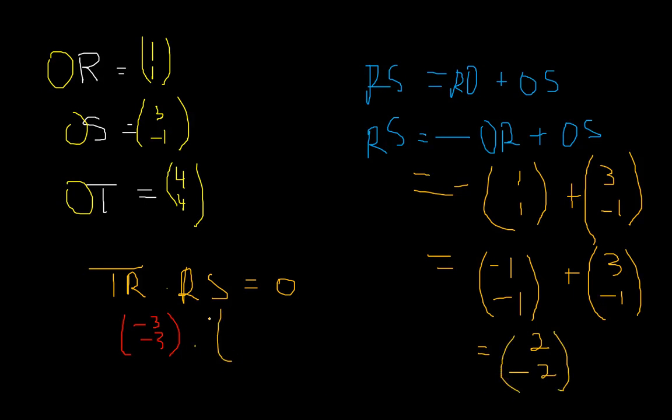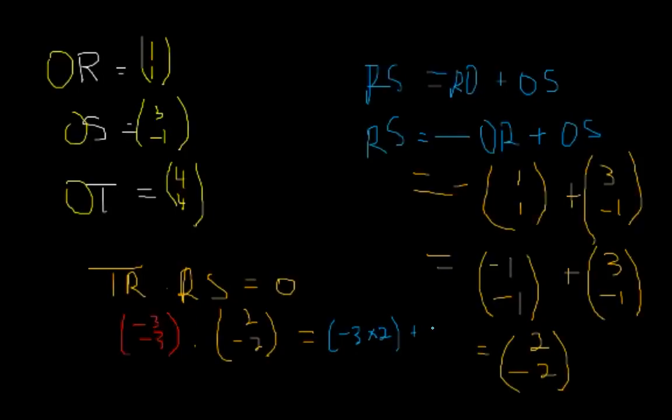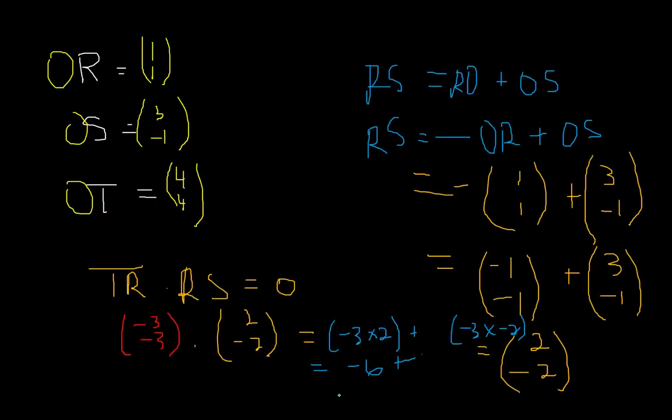Okay, so that's what we're trying to find, the dot product between minus 3, minus 3 and 2, minus 2. So we know to find the dot product is the product of the x components plus the product of the y components. So that would be minus 3 times 2 plus minus 3 times minus 2. Minus 3 times 2 is minus 6, plus minus 3 times minus 2 is plus 6, minus 6 plus 6 is 0.